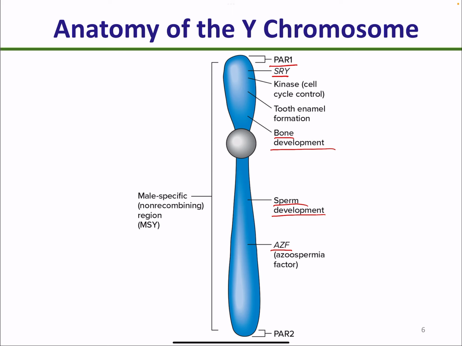So those genes that are shown here are all genes that are responsible for maleness in individuals, right? When these genes are expressed, this is when we see male features developing.